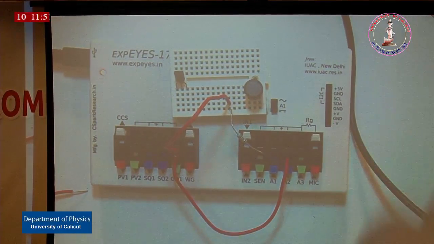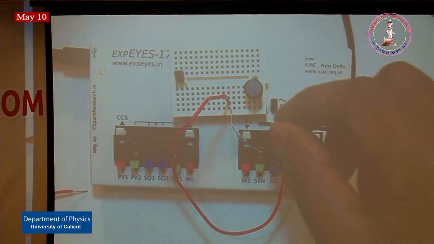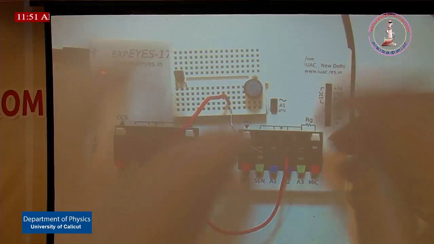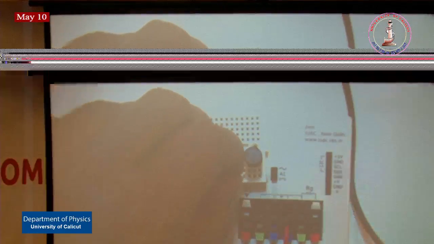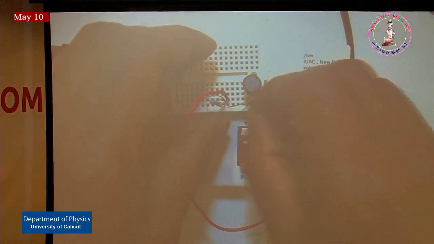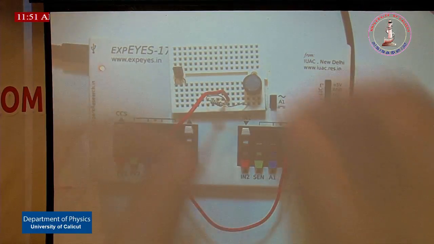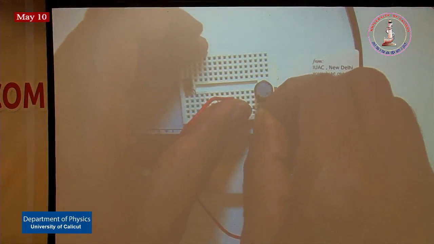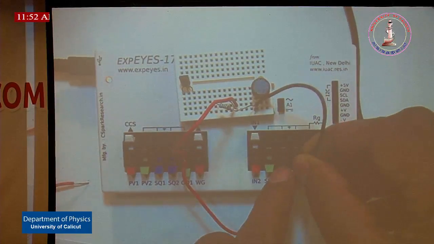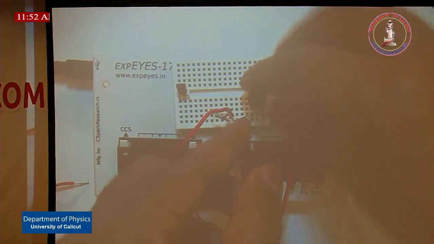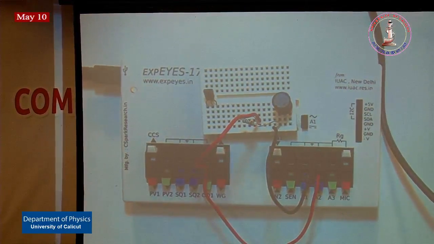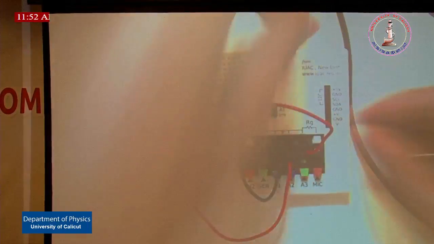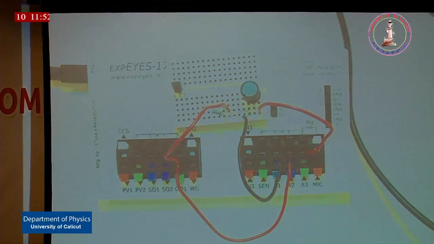OD1 comes to A2 as well. Now what is the connection left? Ground, right? The other end of the inductor should be grounded. Okay. Now clear all these things.